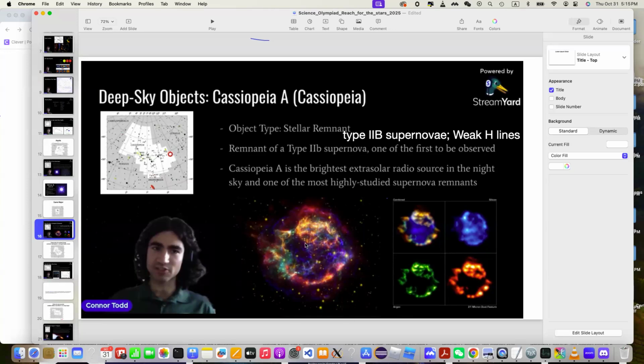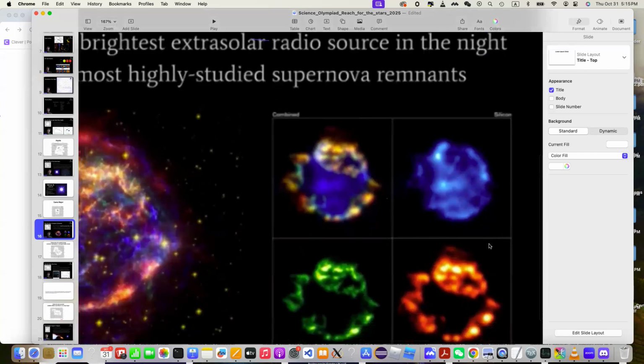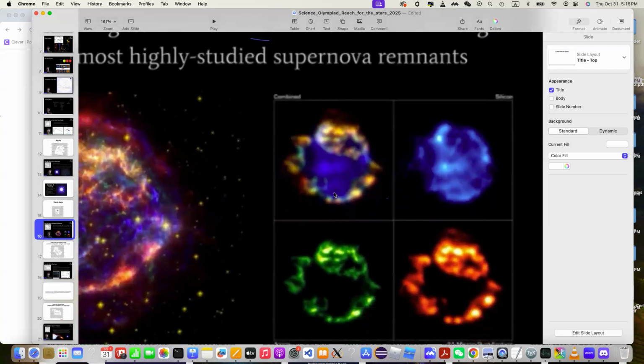So this is the composition of the 4 images on the right. Different colors mean different bands. If you look very closely, this is the combined image of the other 3.